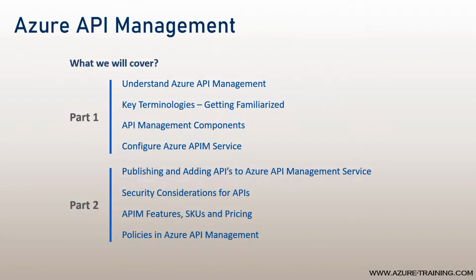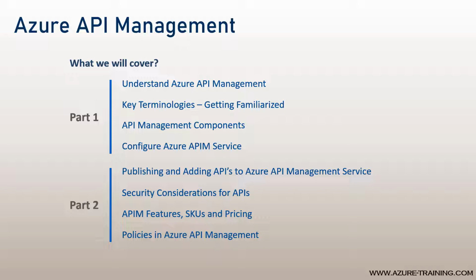This is going to be a two-part session. So let's understand what we are going to cover in each of these sessions. In the first part, we will first try to understand what Azure API Management is, followed by the key terminologies, and we need to get familiarized with them. This is followed by API Management Components, and finally, in the first part, we will see how to configure Azure API Management Service.